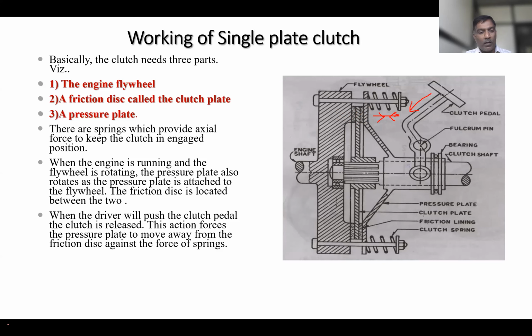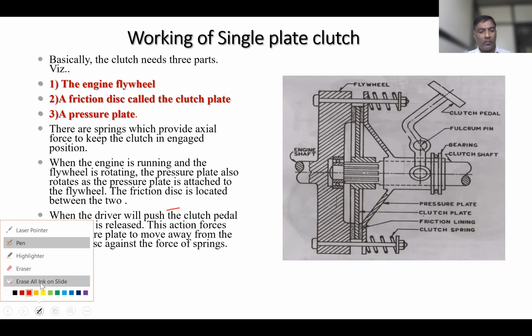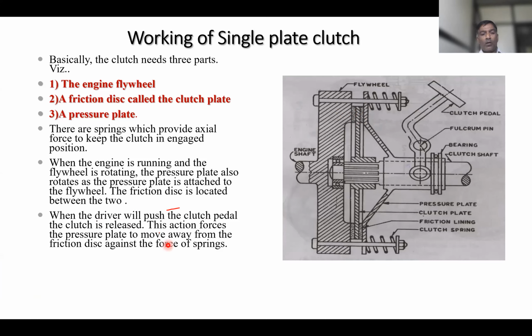So you can see this action forces the pressure plate to move away from the friction disc against the force of the spring. The spring will be compressed and the pressure plate will go this way.